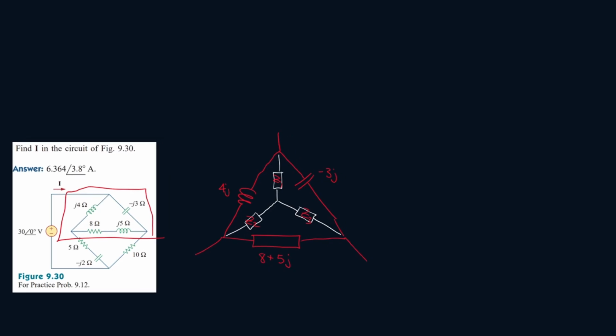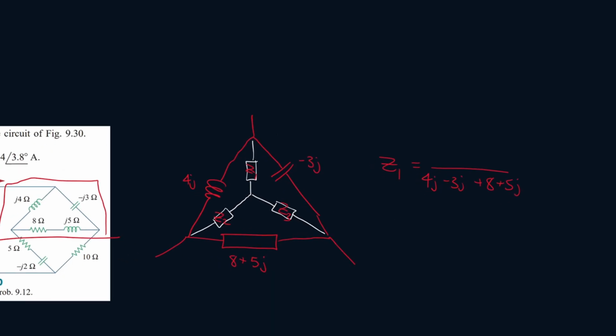For Z1, the bottom part, the denominator, will be all of the impedance values summed up: 4j minus 3j plus 8 plus 5j. And the top part is the tricky part. We look here, follow directly below it, and we reach the 8 plus 5j impedance, so we ignore that completely and just multiply these two together: 4j times minus 3j.